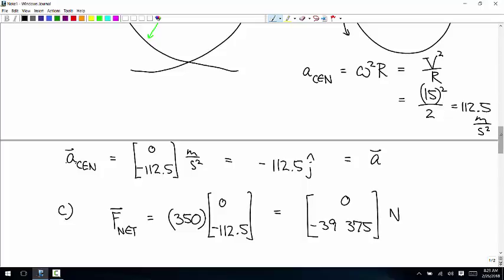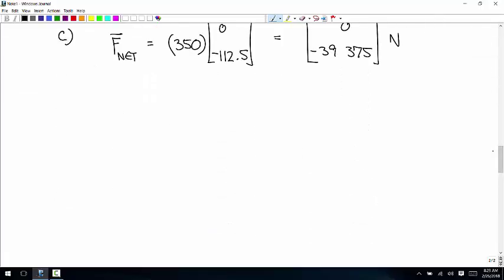So we got that F net, but now the question is, this is the total force when you add up all the forces. That F net is made up of two separate forces. One is the weight, and the other one is the force applied to the motorcycle by the path. Okay, so let's draw a free body diagram of the motorcycle. Okay, the motorcycle upside down.